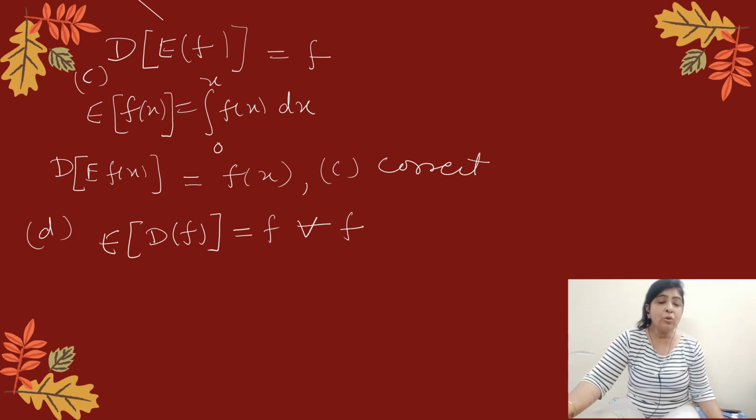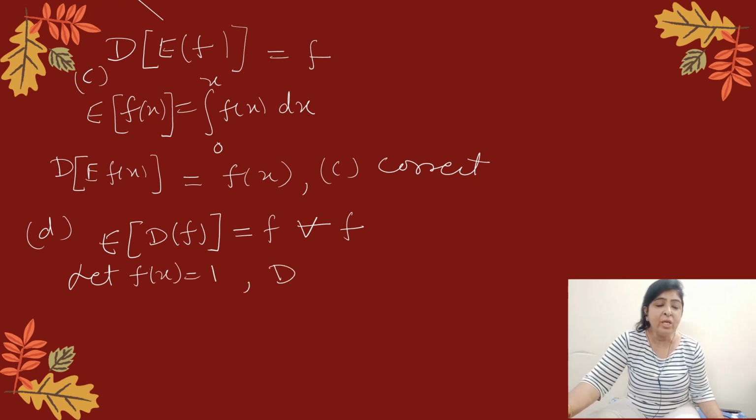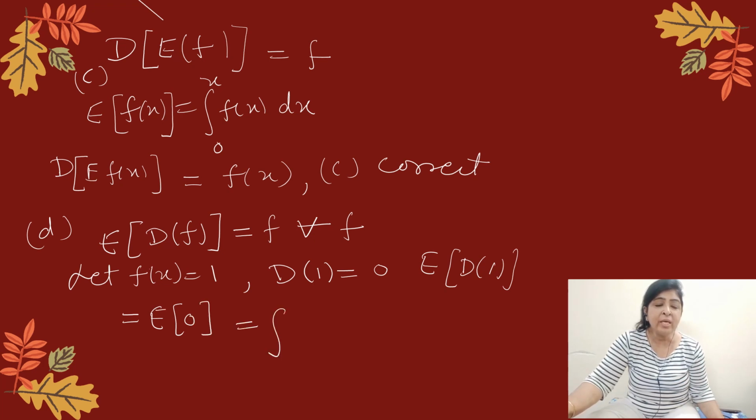Clear? So let us take f(x) as the function 1. So what will I get? D of 1 is equal to 0, right? The derivative of 1 is 0. So E of D of 1 is equal to E of 0, which is the integral from 0 to x of 0 dx, which is equal to 0.